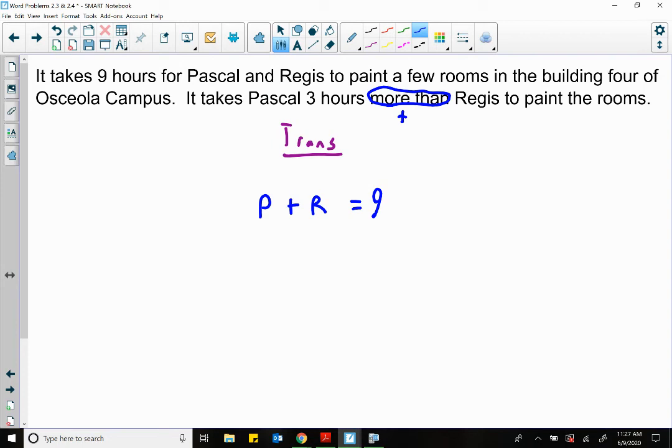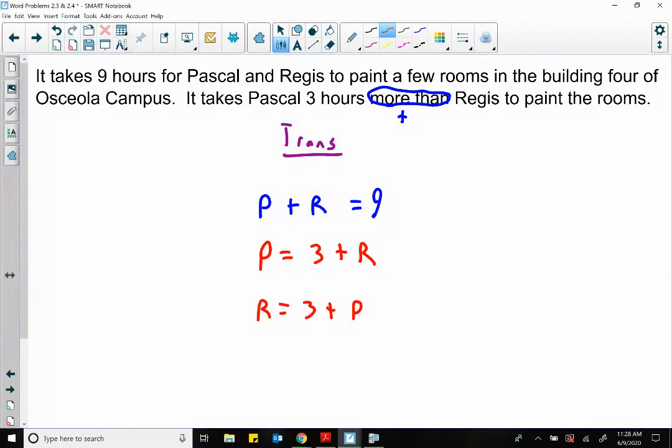So this equation up here really does look like this, even though I know some of you are going to write it a different way. It should look like this. P equals 3 plus R. Because it takes Pascal 3 more hours than Regis. Some of you, what you will generally do is you will say R equals 3 plus P. Now, if you think about this equation right here, it means that Regis takes the longest because I'm taking Pascal plus 3.